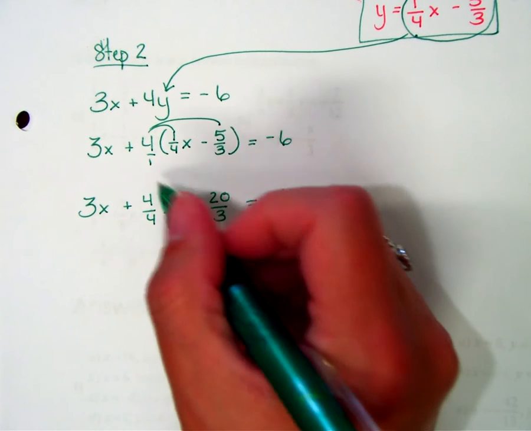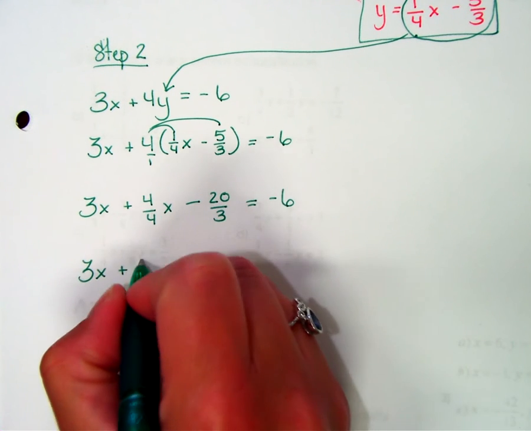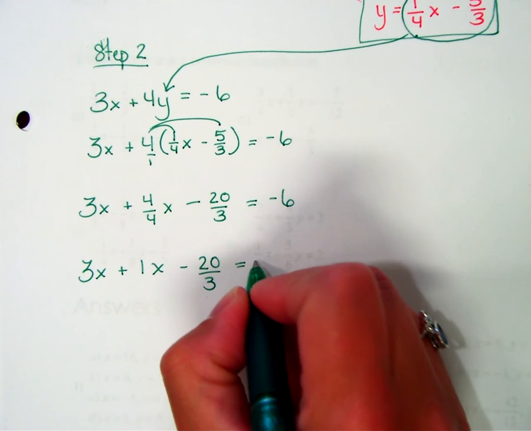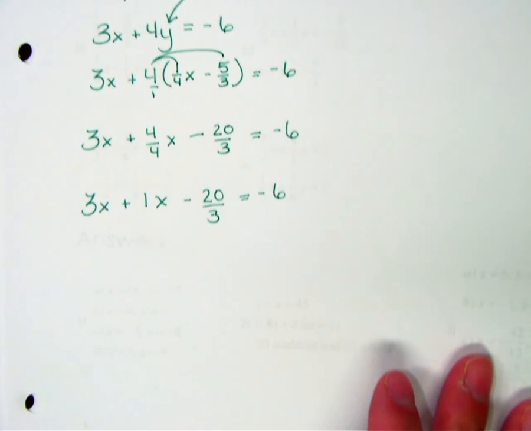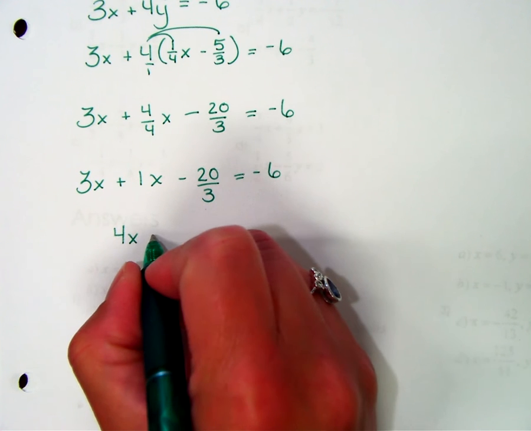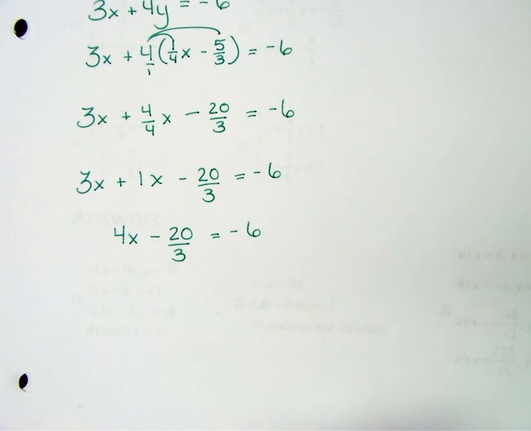Okay, well we can write 4/4 as 1, so this would be 3x plus 1x minus 20/3 equals -6. So we have 4x minus 20/3 equals -6.